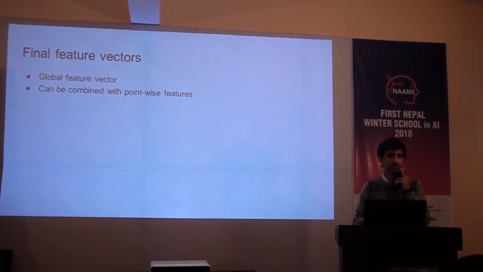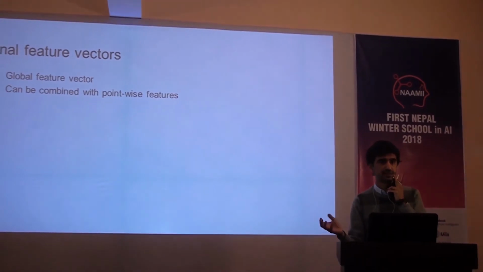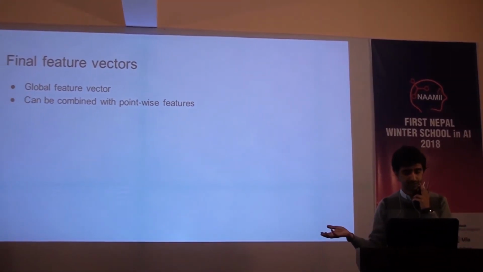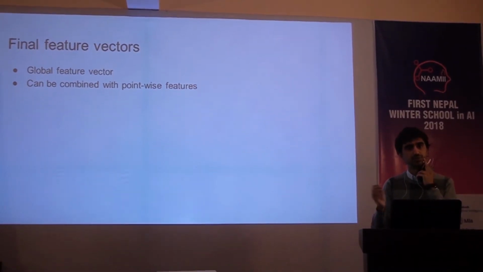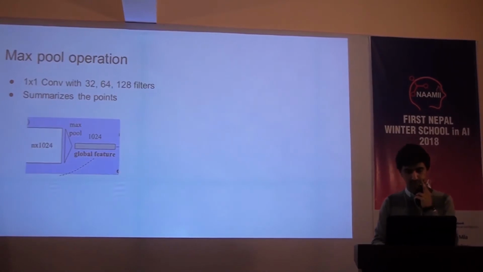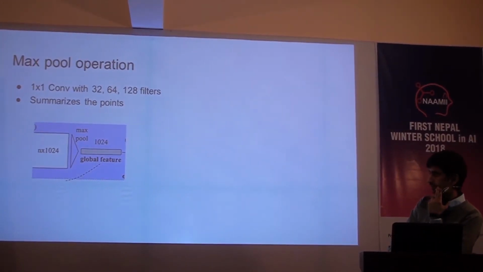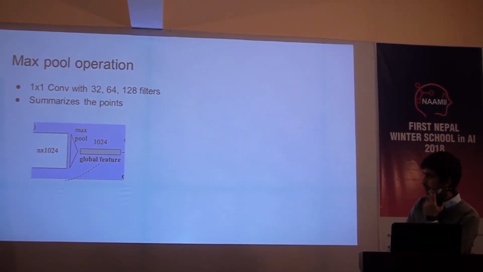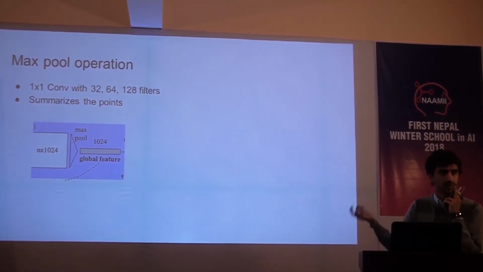Now it depends on what task you want. If you want to classify each point cloud or each set of data as something, then that's enough. But maybe you want to classify each point in the data. Then you would have to combine these n by 1024 features with the 1024 global feature, so both local and global.